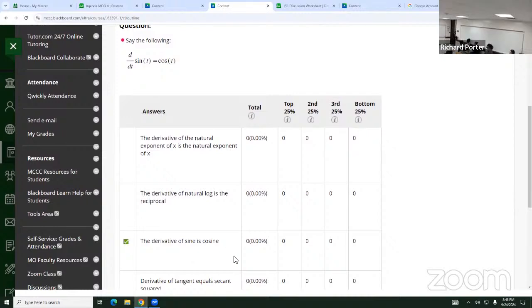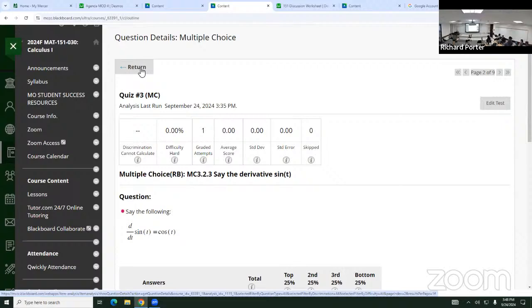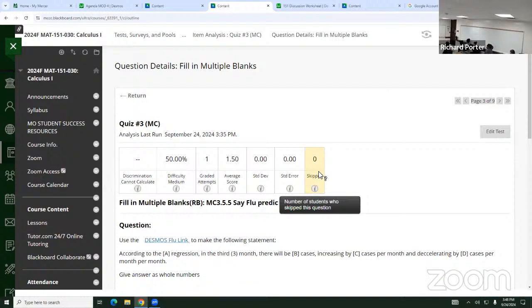Derivative of sine is cosine. Okay, so I didn't mention the t, but you could use any variable for that. Okay. Right, one more of these.